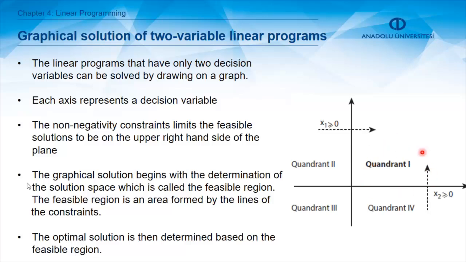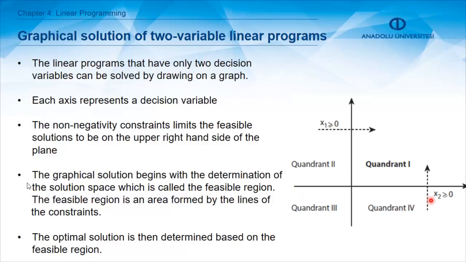Values of x1 can only be positive or 0. So the feasible values of x1 can only be on the right side of this vertical line.